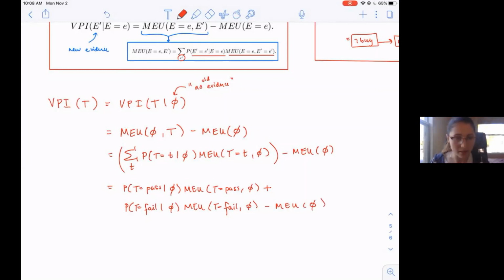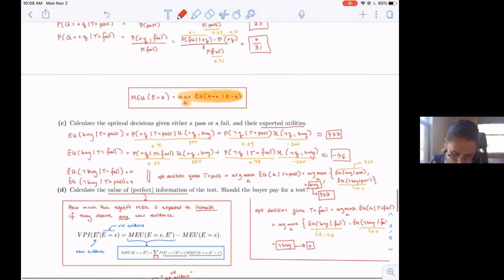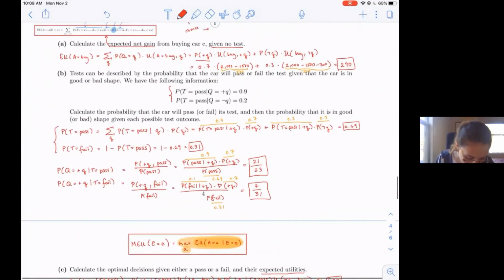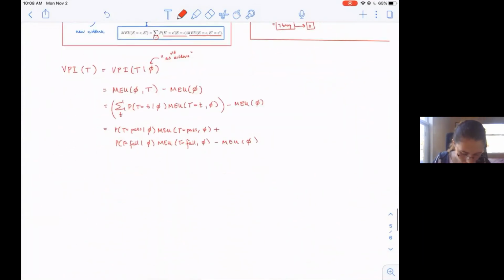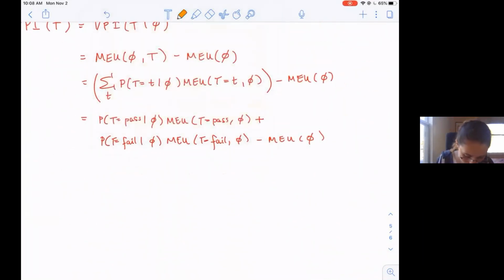Probability of passing given no old evidence was something we actually computed earlier. So here, this is just the raw probability of passing, and that was 0.69. We also computed the probability of failing given no other evidence, and that was 0.31. So we're going to plug those values in here.